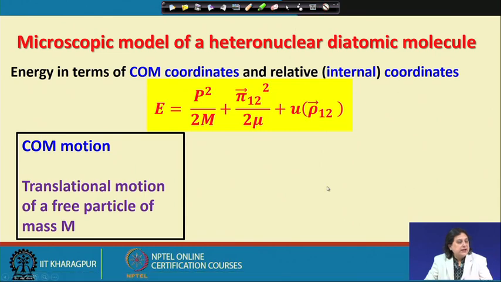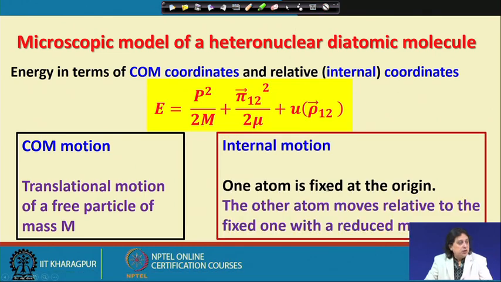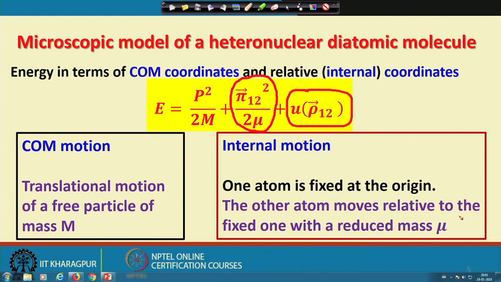We can say that the internal motion is characterized by these two terms. So, this is a kinetic energy term and the internal motion is associated with this potential energy term. What I am actually looking at is that one atom is fixed at the origin and the other atom in this diatomic molecule is moving relative to the first fixed one with a reduced mass of mu.